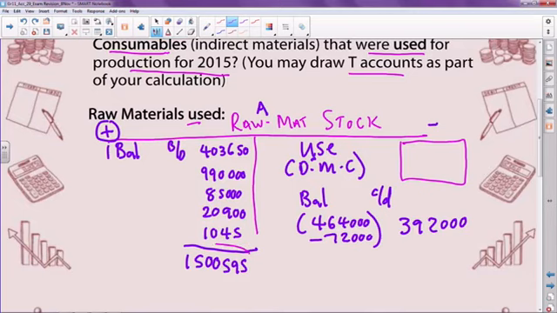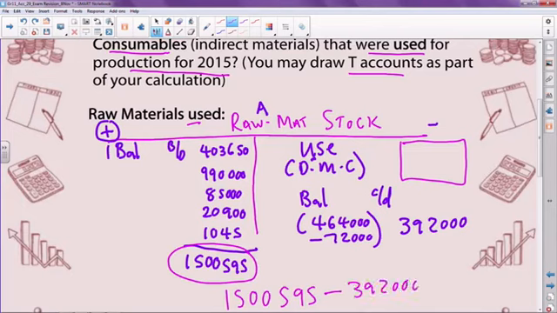Remember, this is the amount of stock available. This is the stock that was not used. So obviously, if I take 1,500,595 minus my closing stock, 392,000, that's going to give me the figure of stock that I've used.